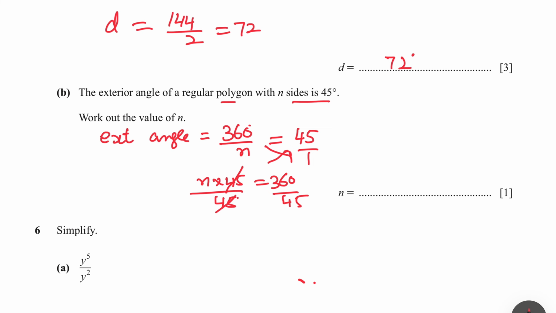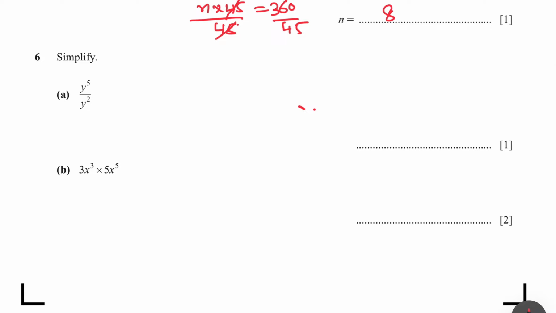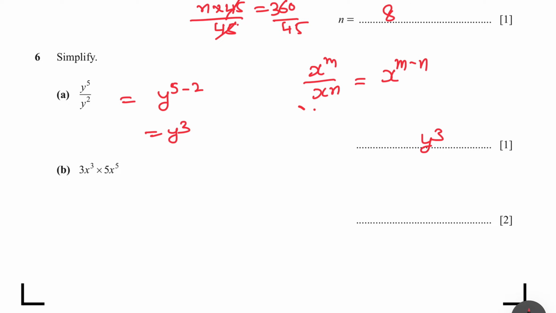Okay. Now number 6, simplify. So we are applying here the rule of exponents. We have x to the power m divided by x to the power n. When the base is the same and we are dividing, we subtract the powers, m minus n. So here y will be 5 minus 2, that is y to the power 3.